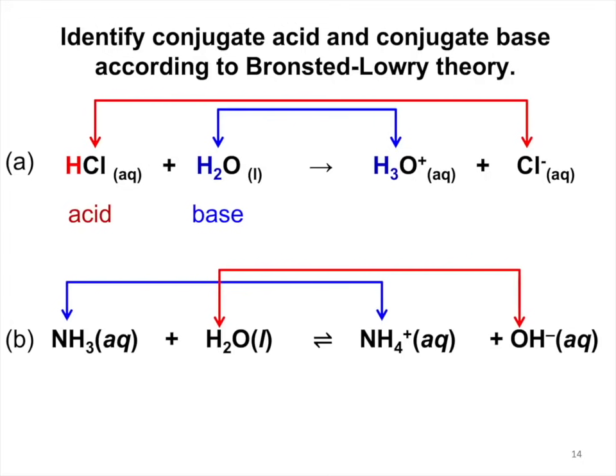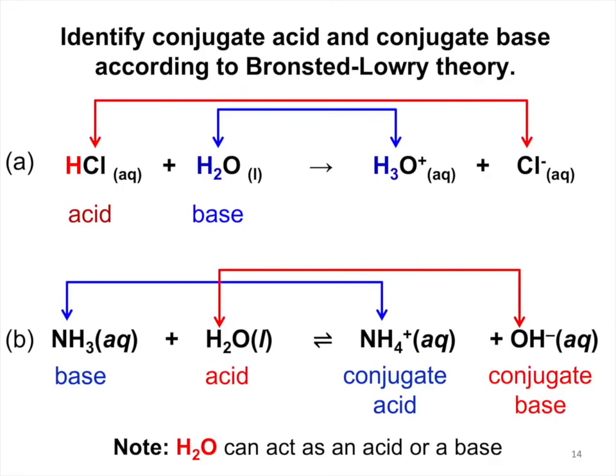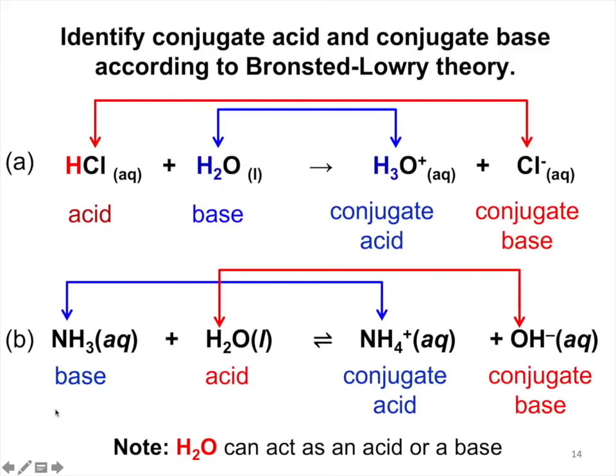In order to find the conjugate acid and conjugate base, let's look at the acid HCl. So HCl will donate a proton and form Cl-. So Cl- here is a conjugate base. H2O is a base, so it will accept a proton and it becomes H3O+. So H3O+ here is a conjugate acid.